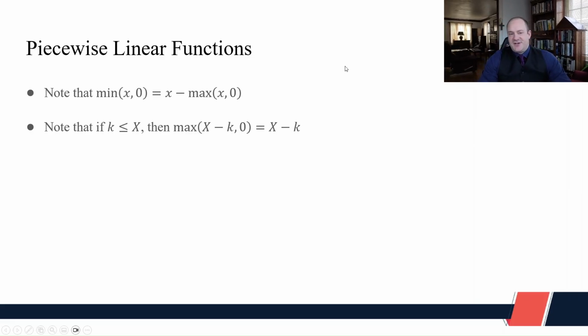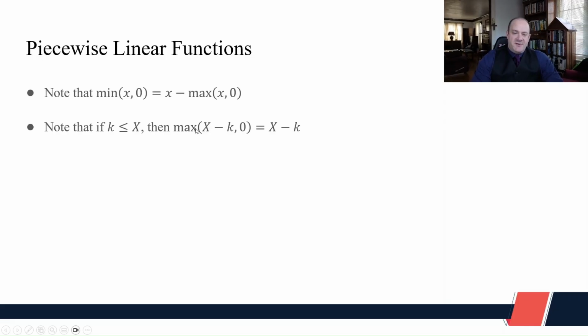The next reduction in complexity is to note that if you have a term that looks like this, and k happens to be less than whatever variable in question it is you're discussing, that is to say, outside the range of what's in your data, well then, you can represent a linear term here as the max function.